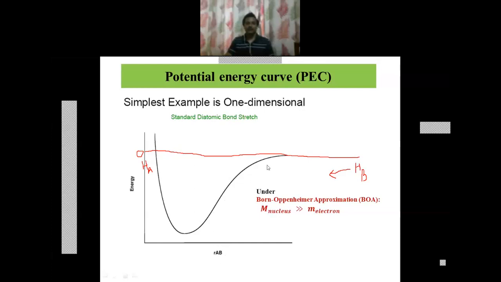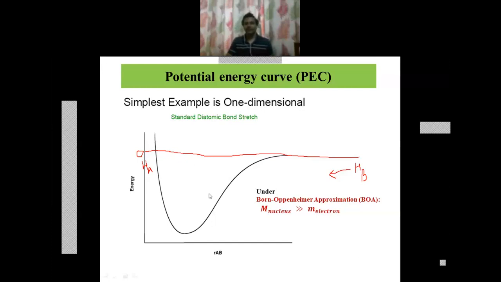So this potential energy curve is actually the electronic energy, which acts as a potential when the two nuclei come closer or move apart, right? I hope you recall this, and based on that, all the potential energy surfaces are going to be discussed.